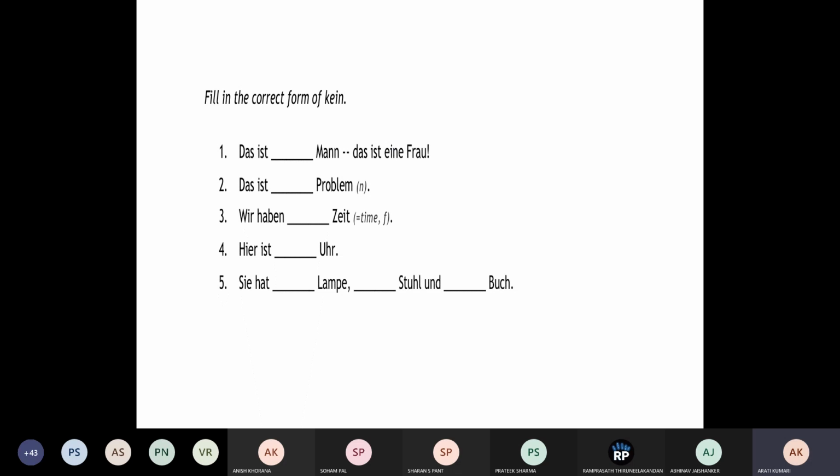What's the article of Problem? It's written neutral. So what will be the article? Thus, das Problem. So what will we say in this number 2?